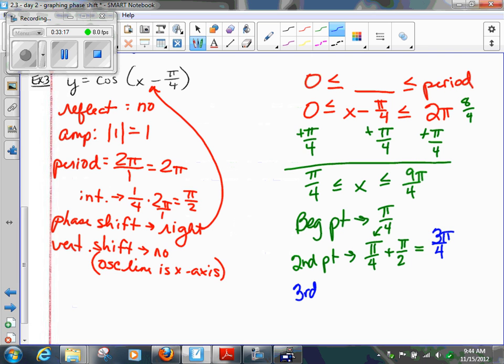Your third point is going to start with 3 pi over 4, and we're going to add what to it? Pi over 2 again. That's why we find our interval. So what's 3/4 plus 1/2? Calculator.